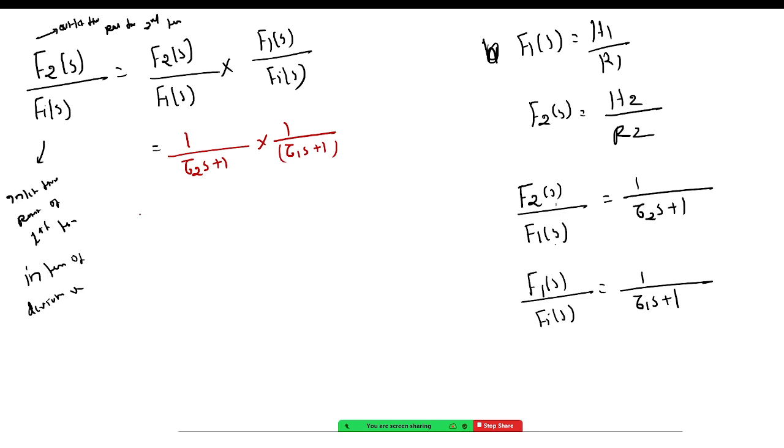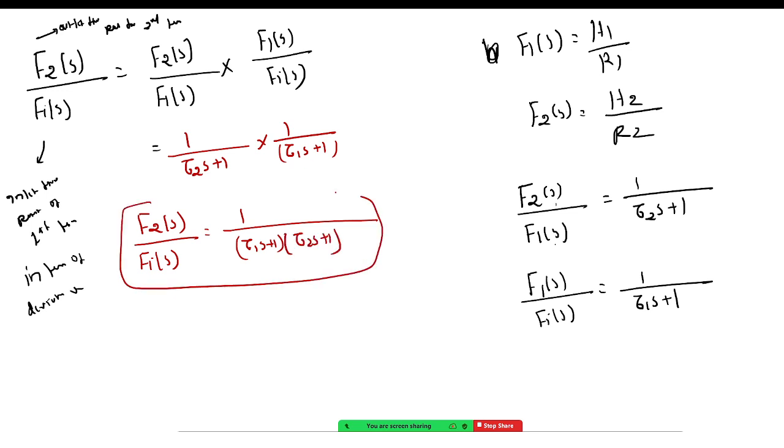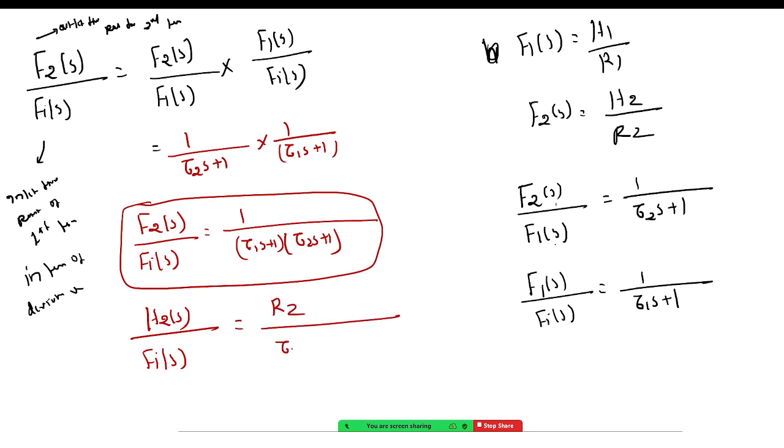The essence is here. If I want to calculate outlet flow rate with respect to inlet flow rate in the first tank, I'll be directly multiplying the transfer functions of both the tanks, right? And if I want to calculate height of the second tank with respect to height of the first tank, I'll be writing R2, the resistance of the second tank, divided by the multiplication of both the tanks' transfer functions.